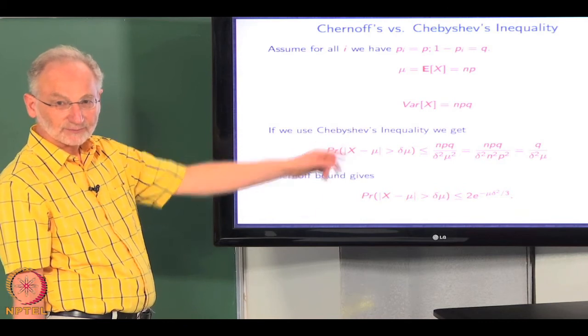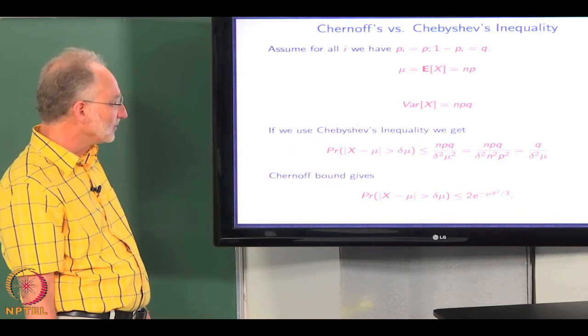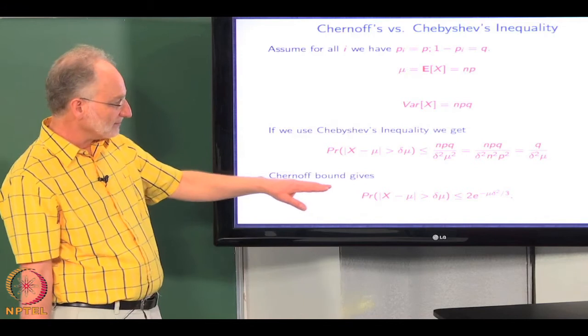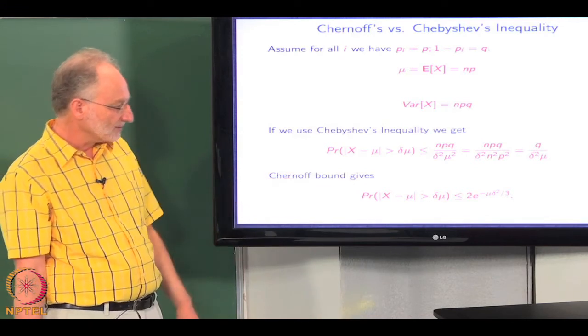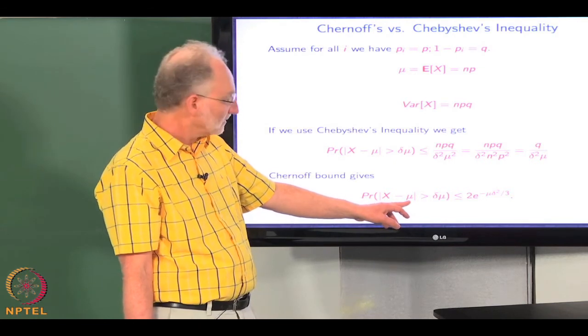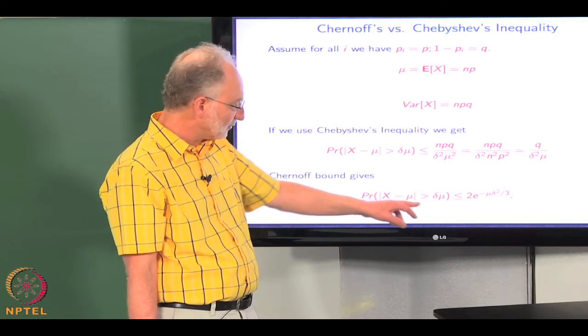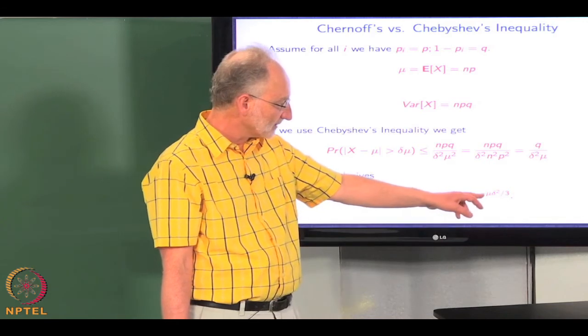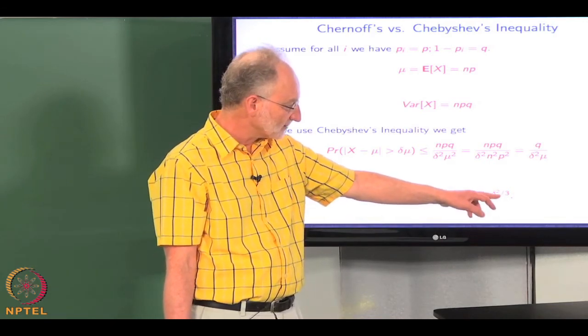The important part is the delta square mu. Now if you do the Chernoff bound, the probability that you deviate from mu by delta is bounded by e to the minus mu delta square over 3.